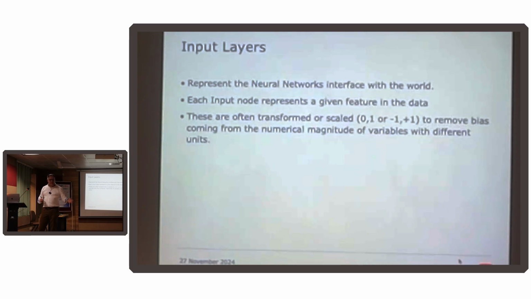Some of those things would have very large units, and some of those things would have very small ranges of units. So by scaling them, we're taking away the unit variability effect size, effectively just looking at the patterns in those inputs. We will decode them later, but for the purpose of learning and patterns, we scale them.